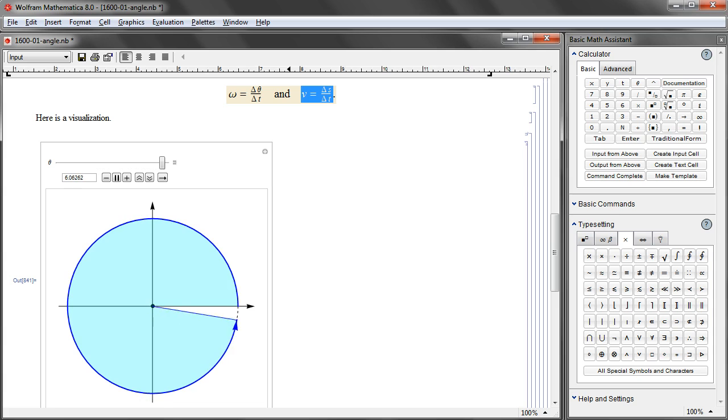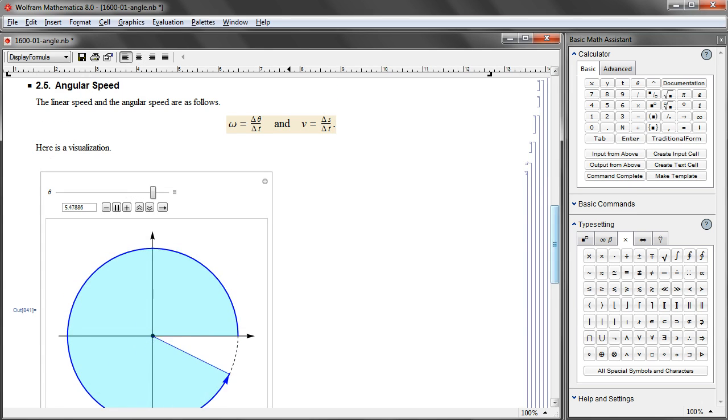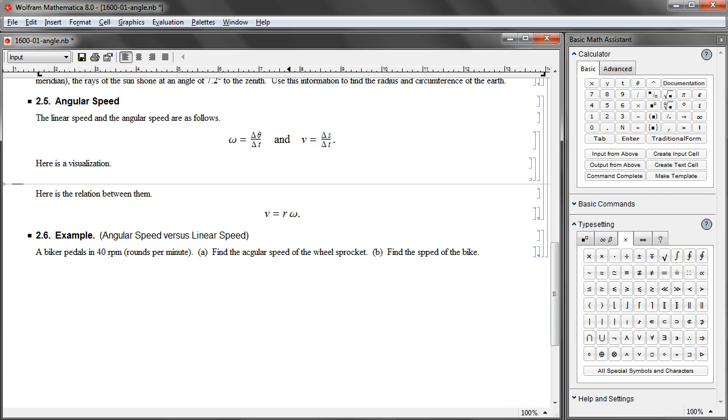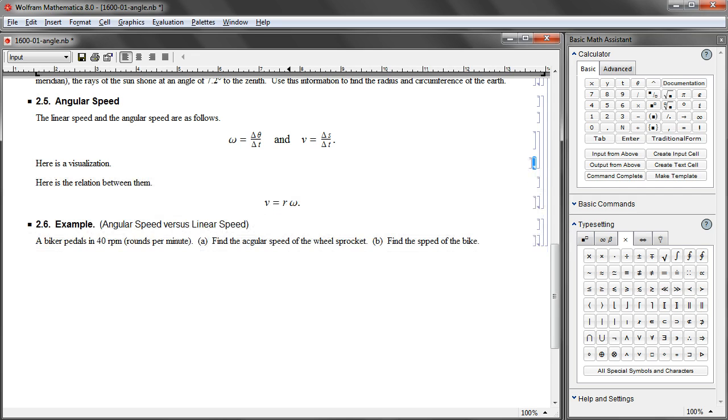But if you look at how fast the angle is changing, you have to look at omega equals delta theta over delta t, change of angle over change of time. It is traditional to use omega for angular speed and v for linear speed, linear velocity as a matter of fact.